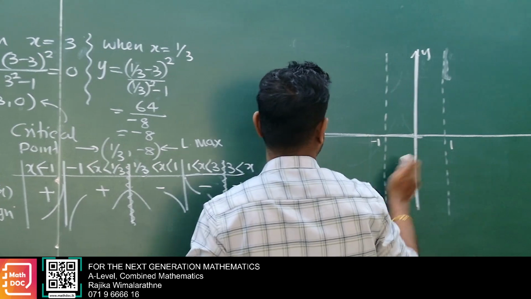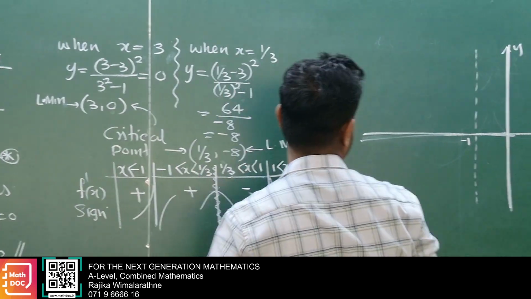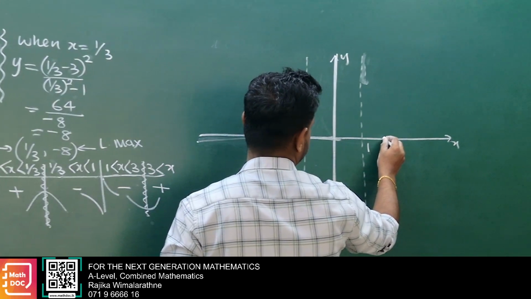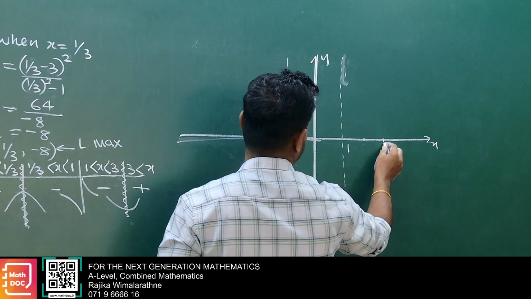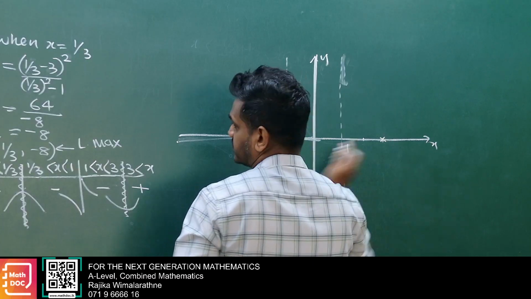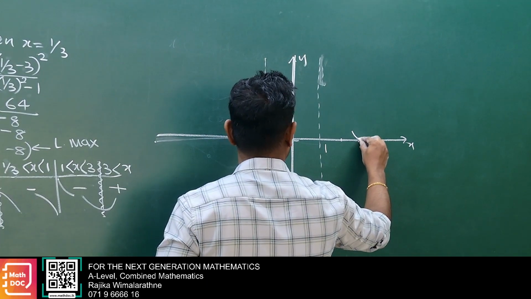These are vertical asymptotes. And then go to the critical points, (3, 0). Here (3, 0), 1, 2, 3. So (3, 0) is a local minimum, sketch the minimum shape.